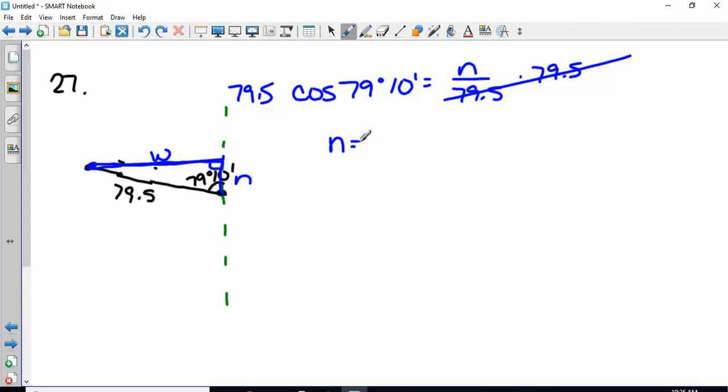I didn't specify significant digits on this one, so we don't have to. If I don't specify significant digits, then I expect 3 to 4 decimal places. So 14.9422, and we were in miles on this one.